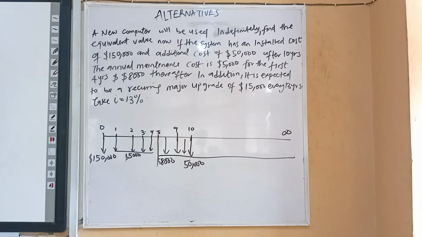Do you understand? Then, in addition, there is expected to be a major recurring cost of 15,000 every 13 years.